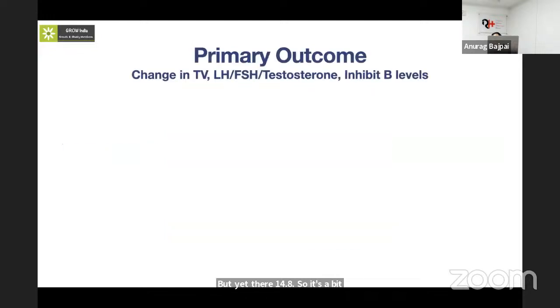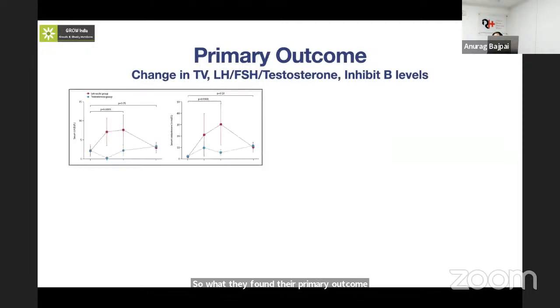Carry on. So their primary outcome was a change in testicular volume, LH, FSH, testosterone levels, and inhibin B levels. If we first look at the testosterone levels, this is the graph showing that the levels were higher in the aromatase inhibitor group compared to those who received intramuscular testosterone during the period of intervention.